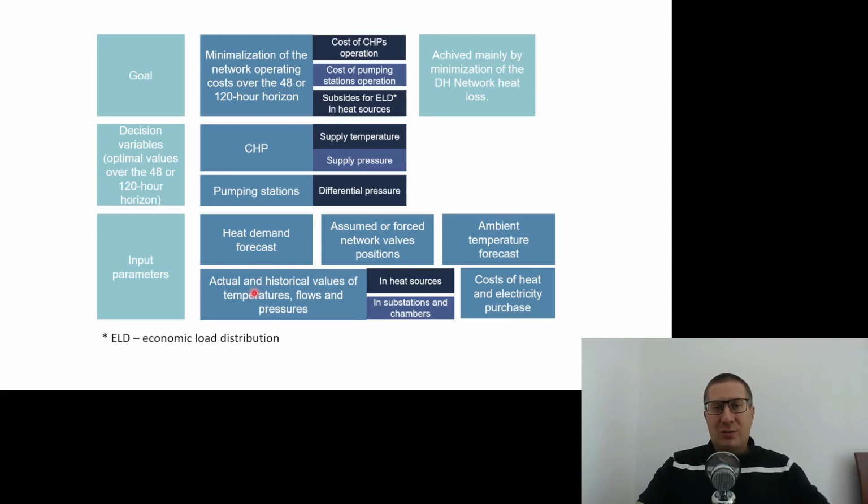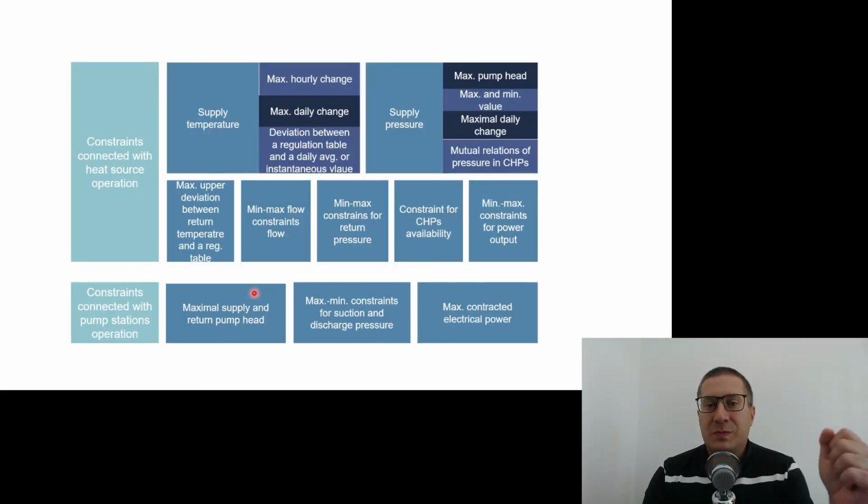We need to know the current state of the network, because we will calculate recommendations for the current situation. So we need to know what is the distribution of temperatures, flows, and pressure in heat sources, in substations, and in chambers. And of course, we need to know the cost of heat and electricity prices. So this is the outcome of this workshop with the customer.